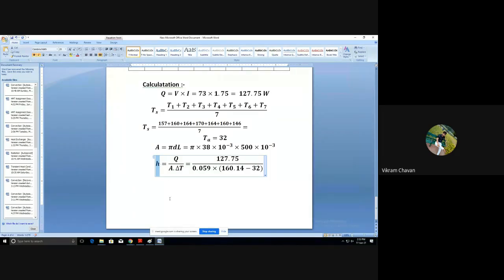Others also check your values. Do the calculation. h is 16.89. Great. Is everyone getting 16.89?